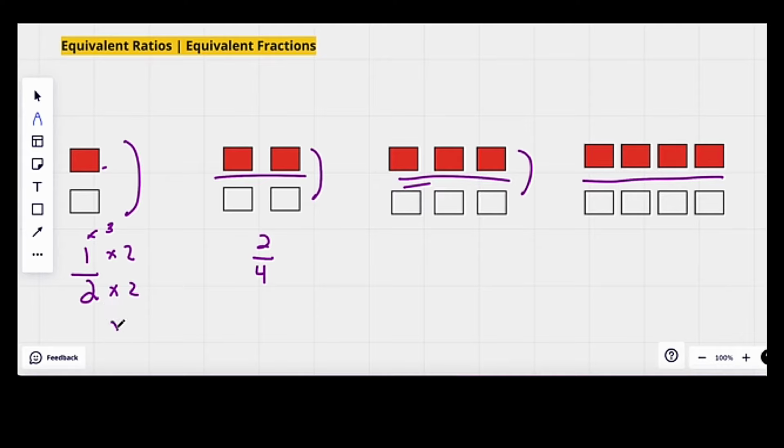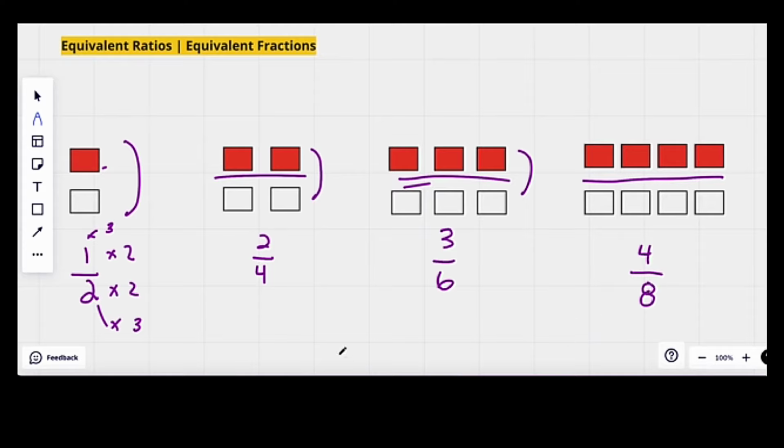And 2 times 3, right here, is 6. So we've got 3 out of 6. What if we multiply the 1/2 by 4? Well, 1 times 4 is 4. And the 2 at the bottom times 4, we would be 8.